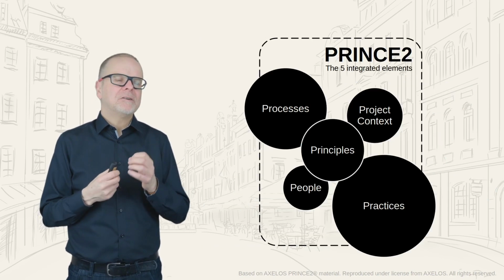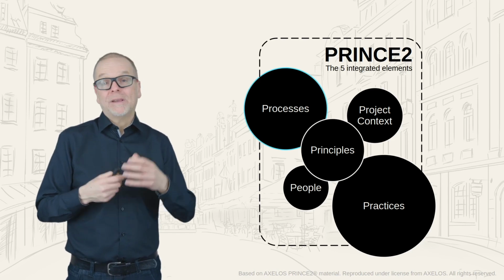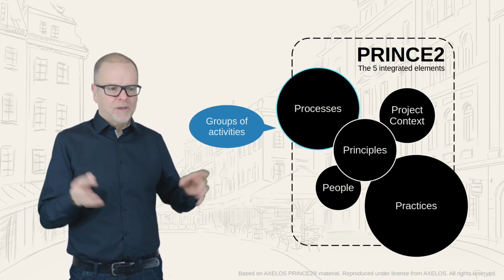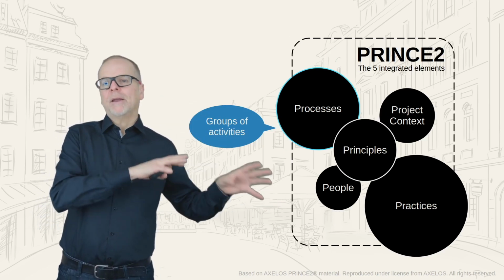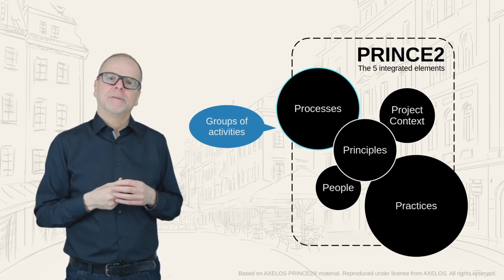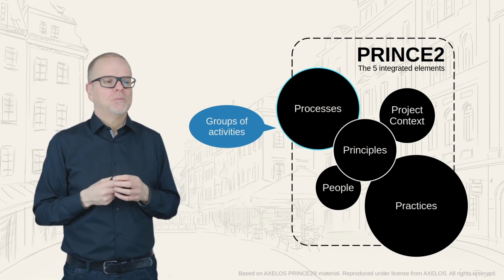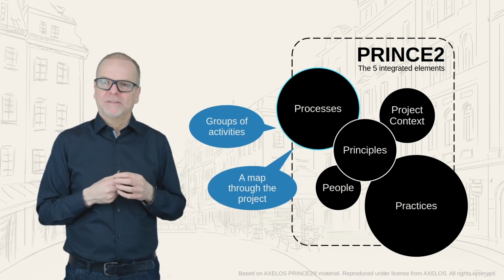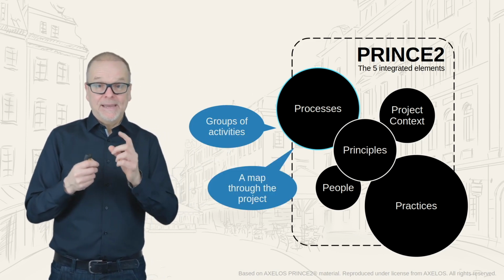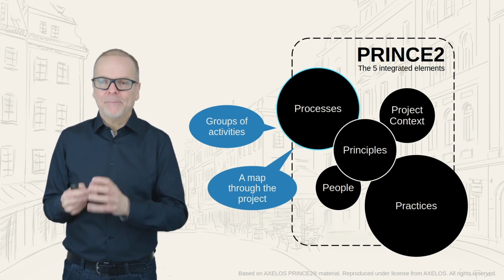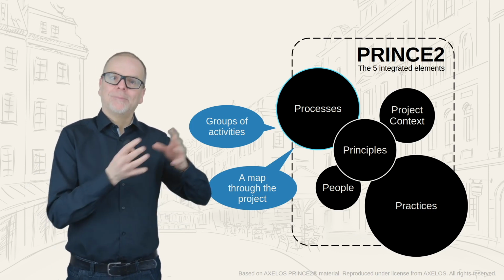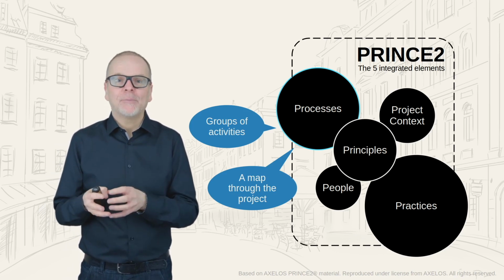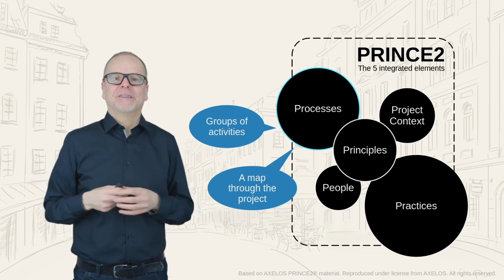Then we're going to look at processes. So what is a process? Well, a process actually is a group of activities, and then we can group all of these together and we have like a process for the whole project. So it's best to visualize this as a map through the whole project. That's the best way to see it. And it can take us then, like any map, from somewhere to someplace else. And from a project point of view, we want to get from the start of a project to the very end of a project.